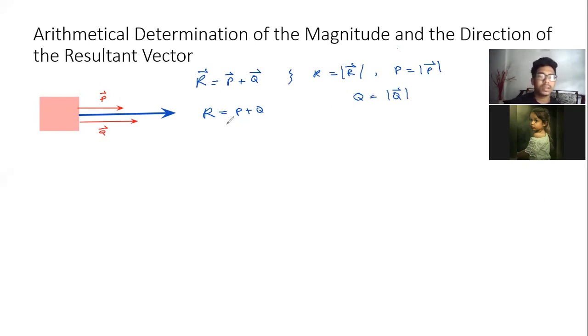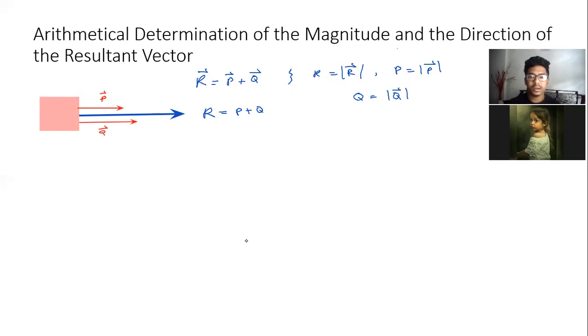That means how big it is. So here R is equal to P plus Q. So P plus Q equals R. Okay, so that is the easiest case.